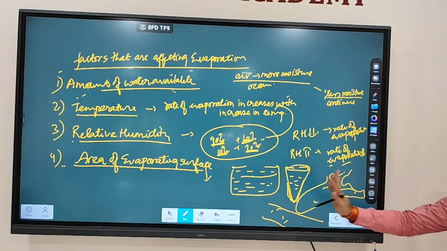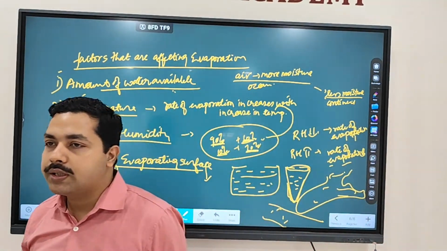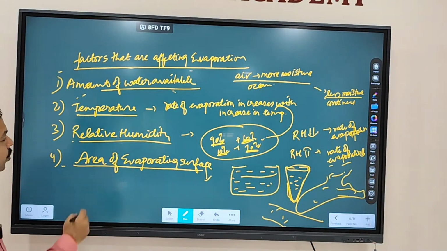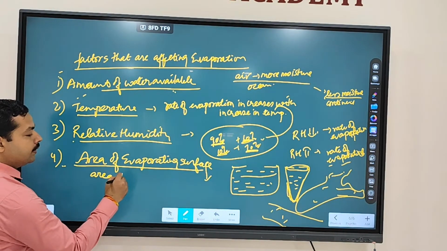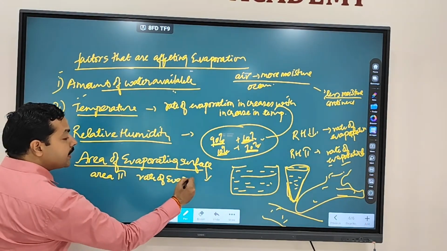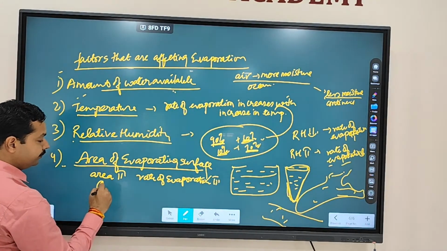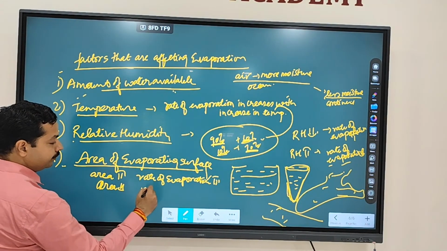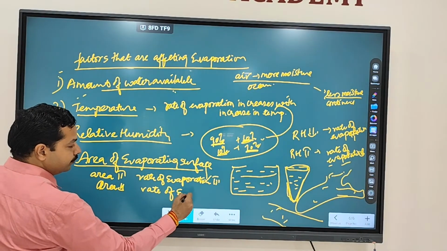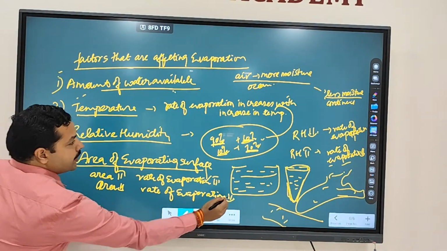So depending upon area of evaporating surface, we'll also see the rate of evaporation is going to vary. If area is more, then rate of evaporation is more. If area is less, then rate of evaporation is less.